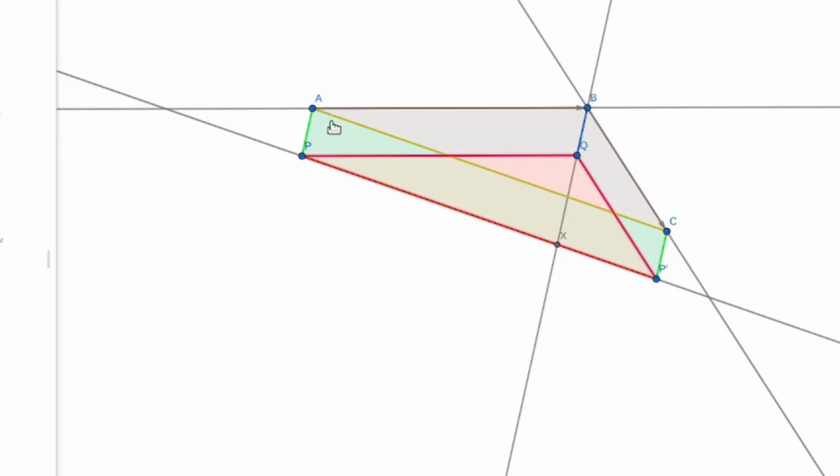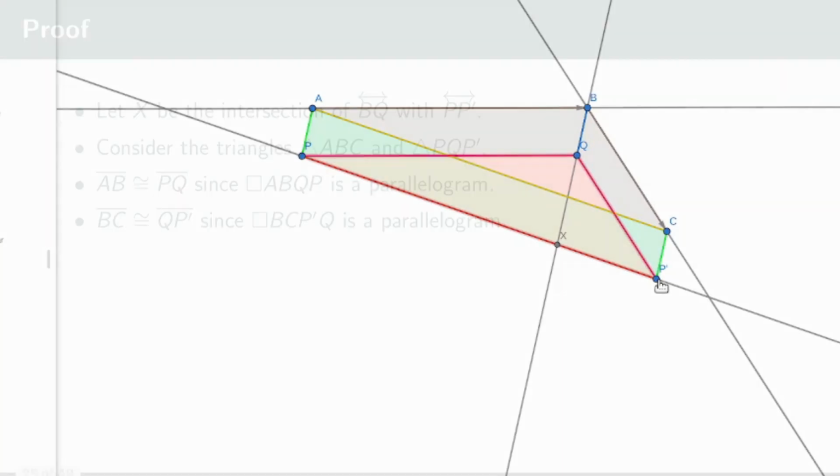So the first observation is that AB is congruent to PQ because those are opposite sides of a parallelogram. Also, BC is congruent to QP prime since they're opposite sides of a parallelogram.